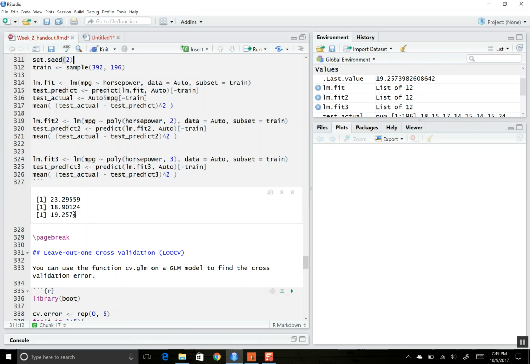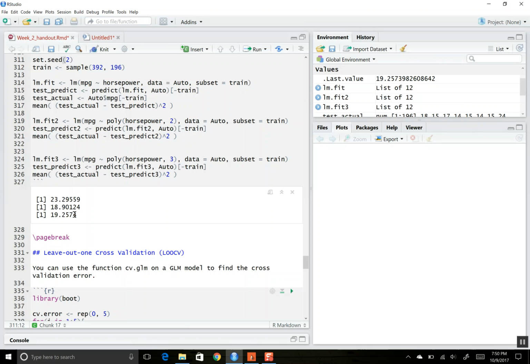You fit your model based on those 391, and then based on that model, you make your prediction for that one missing value. You get an error metric right there. Except you don't want to base it just on one, so you do it for every single data point. So you have to do this process 392 times.